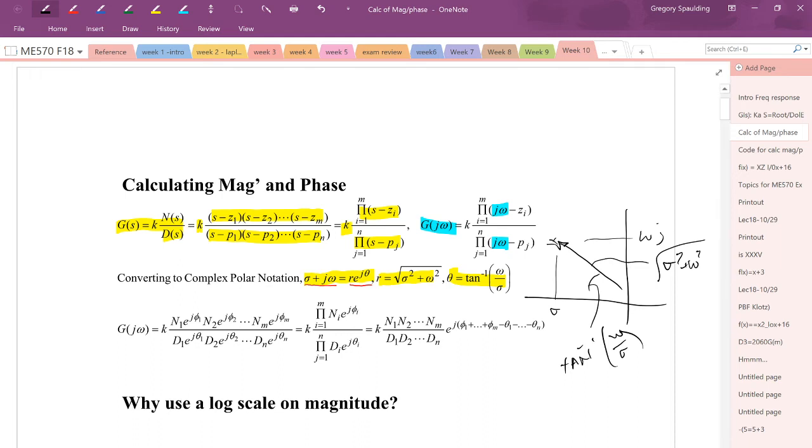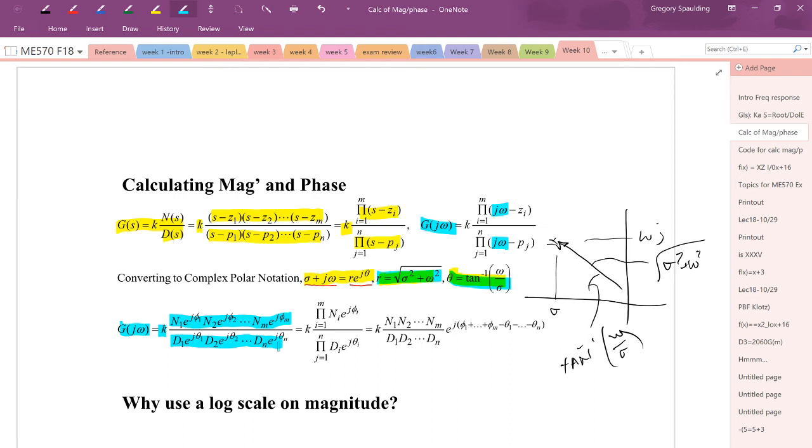All right, so now if we use this r and theta, this alternate form of it, our equation G of j omega changes to this form where we've still got our gain, and now we have the zeros represented this way and the poles represented this way.